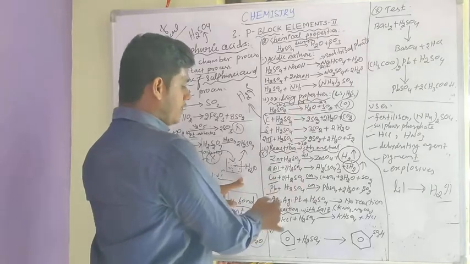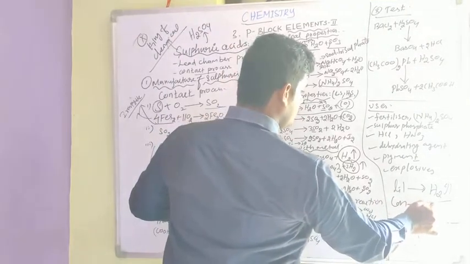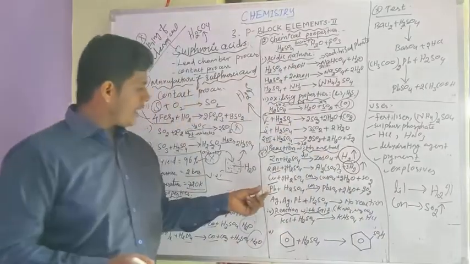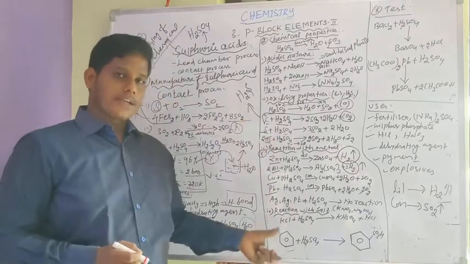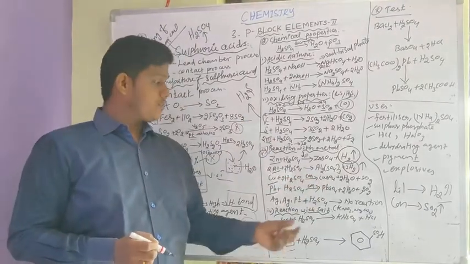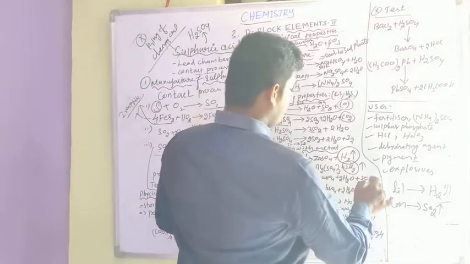But copper and lead react with concentrated sulfuric acid to liberate SO2 gas. Here copper and lead react with sulfuric acid to give the corresponding copper sulfate and lead sulfate, and they do not liberate hydrogen gas; they liberate SO2 gas, sulfur dioxide gas.